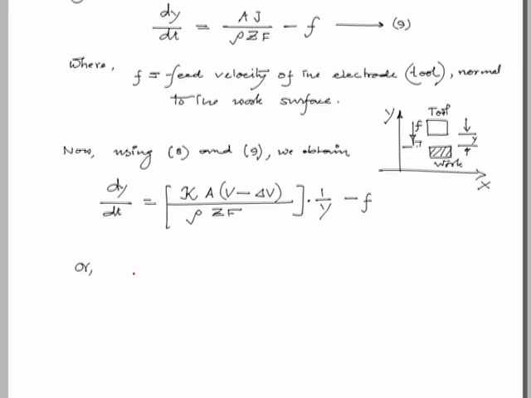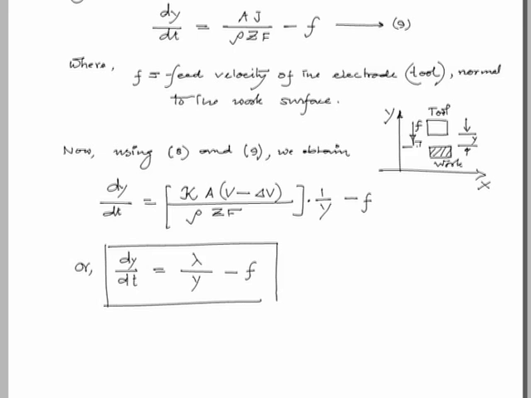On simplification, we can write dy/dt is equal to sigma by y minus f. This is the simplified form.